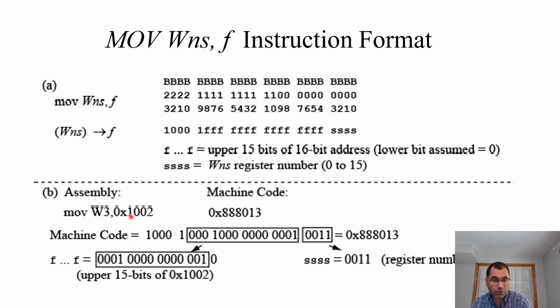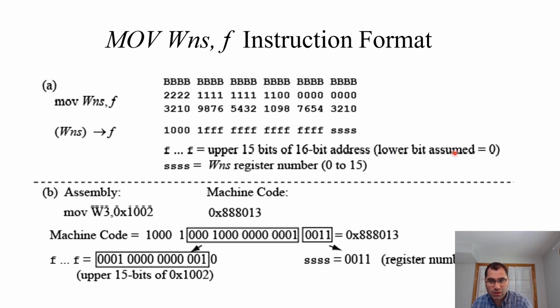You can use the calculator in Windows in programmer mode, or do it manually or online. You convert this hexadecimal file register address into binary, and this is what you get. Then you ignore the least significant bit.